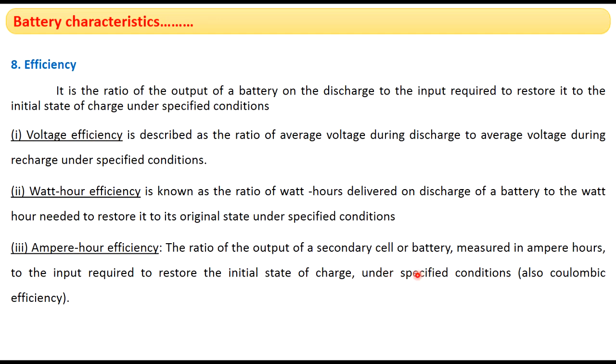So the number of ampere hours during discharge, and the number of ampere hours required to recharge the battery to its original state under given conditions, that is taken as the ampere hour efficiency. It is also called Coulombic efficiency.